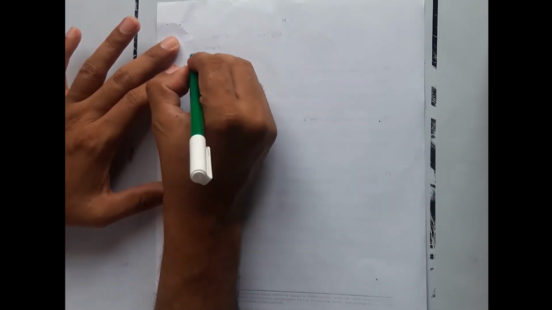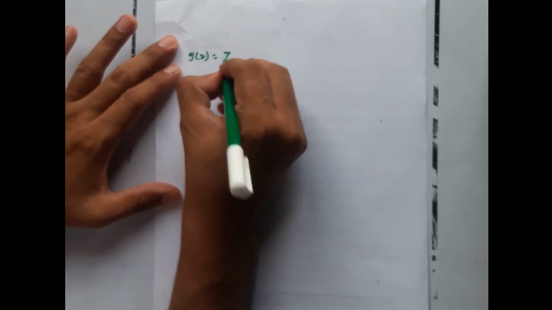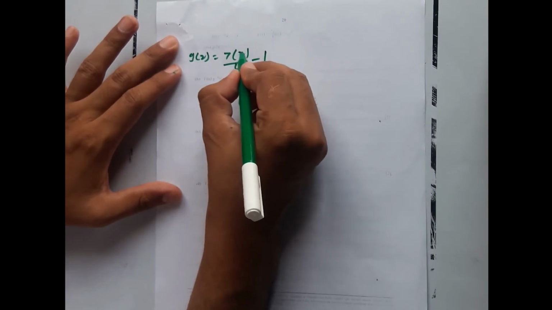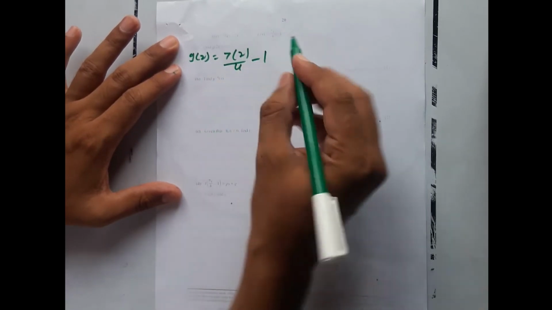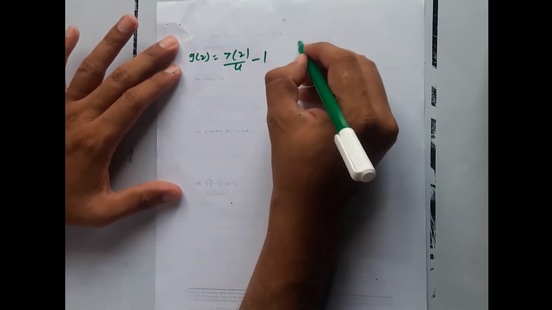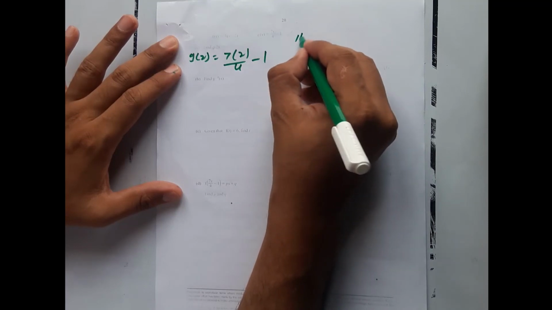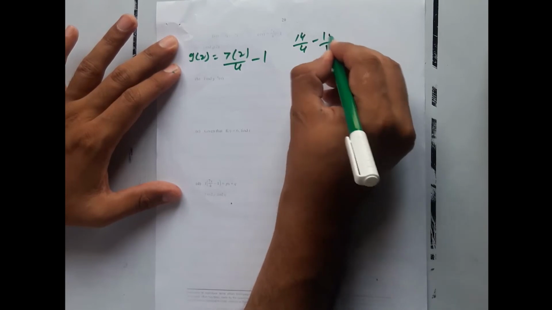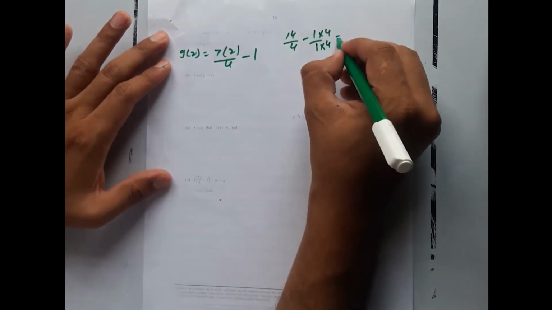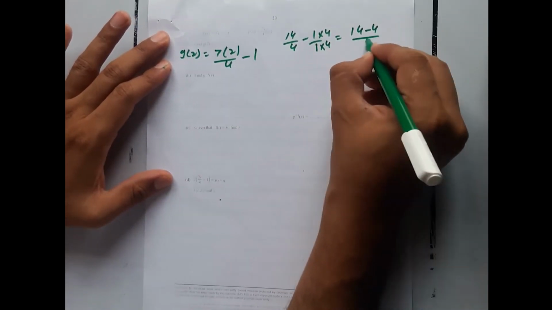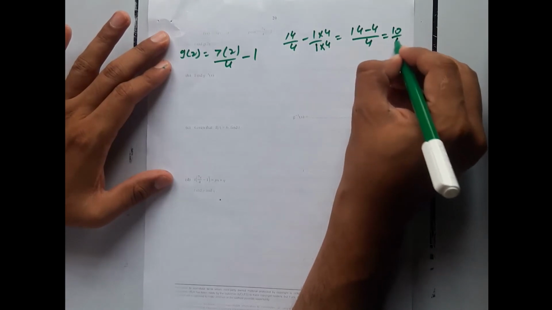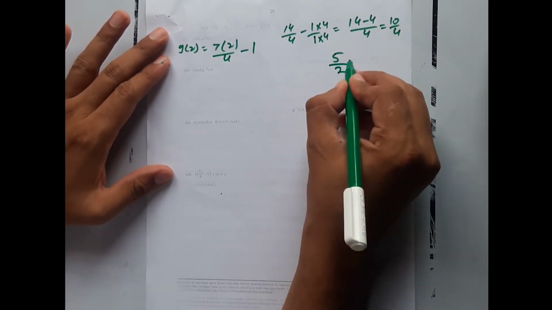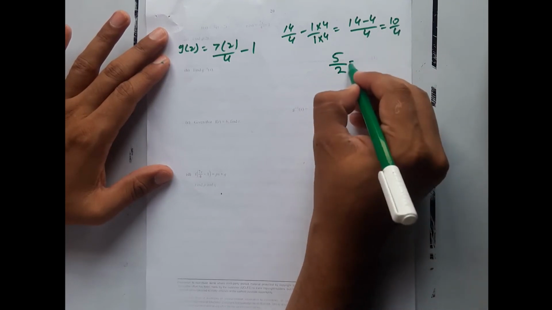So g of 2 will be equal to 7 into 2 over 4 minus 1. 7 into 2 is 14, 14 over 4 minus 1. We can take LCM 4. So this will become 14 minus 4 over 4, which is equal to 10 by 4, which is equal to 5 by 2, which is equal to 2.5.